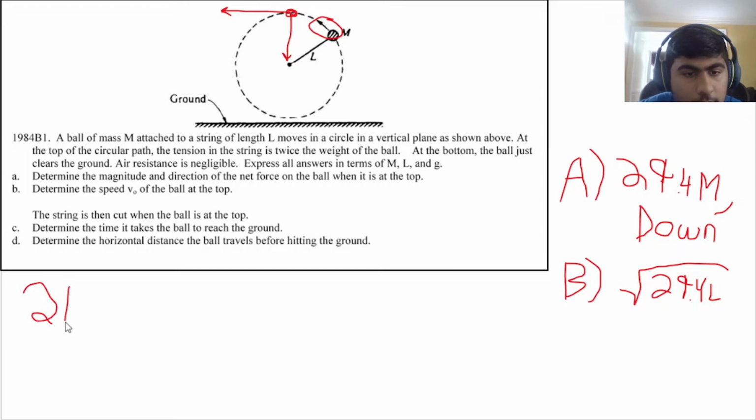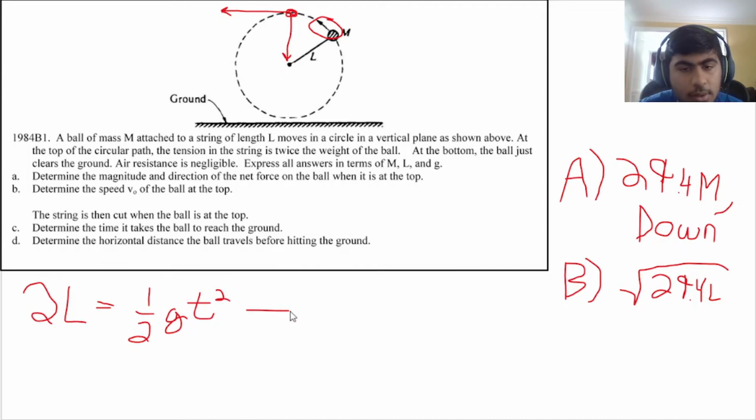2L, right, that's our displacement, equals, we would say v naught t, but v naught is 0 in the vertical direction, so we can leave it out, equals 1/2 times acceleration, which is g, times time squared.